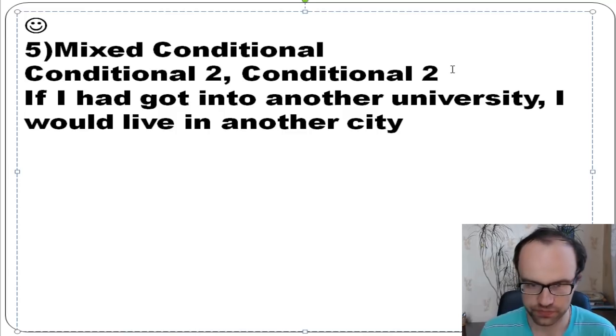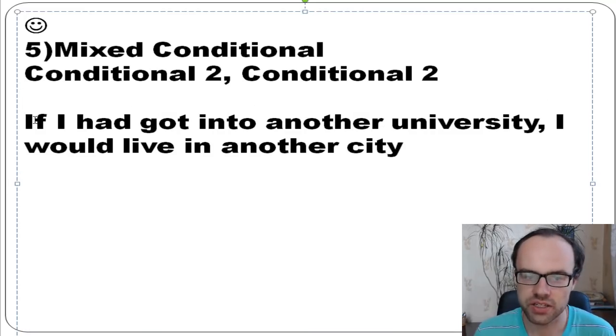So look. If I had got into another university, you see it's the third conditional. It's unreal in the past.